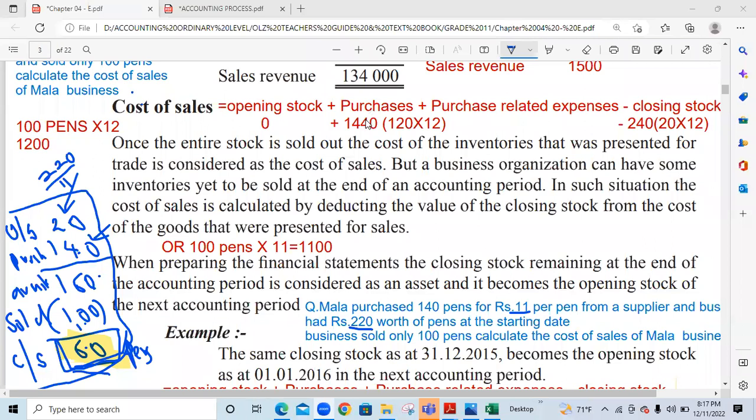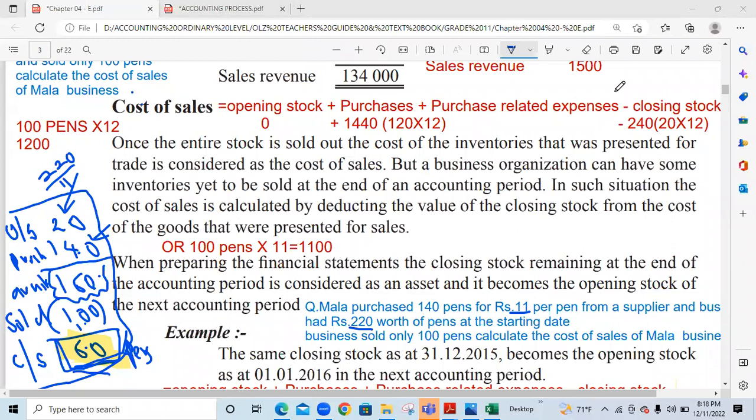How many pens did you tell your customer they can buy? Maximum, how many? 160. But how many pens did they buy? You told your customer you can buy 160 pens, but they only bought 100 pens. That means 60 pens are not yet sold because they didn't buy.